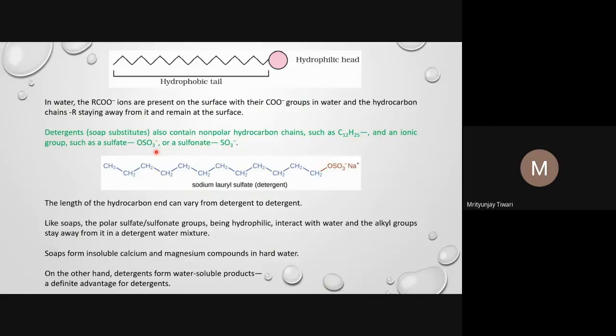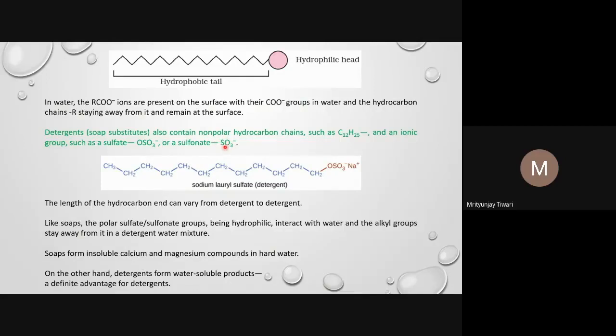The sulfate ion, you know, is SO4 double minus, but this is a sulfate group, and one minus is less here because this oxygen atom is covalently linked to a carbon atom, so only one oxygen atom has a negative charge. And in the sulfonate group, the sulfur is linked to a carbon atom of the alkyl group.